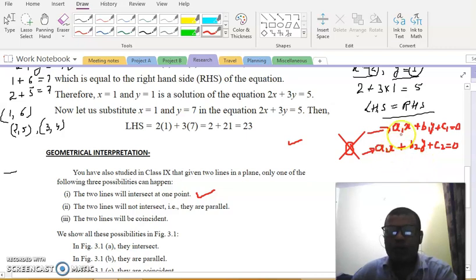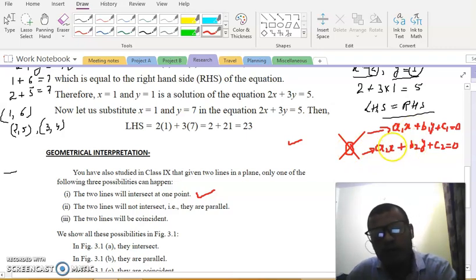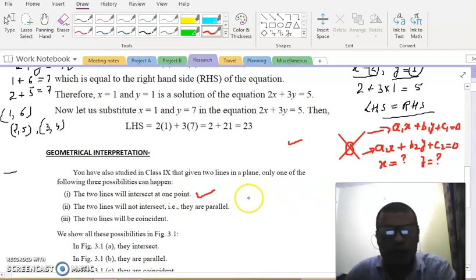These lines are intersecting at one point. So when you simplify both equations, you will get only one value of x and only one value of y. This is also called the unique solution. Unique means no other value you will get for x and y, only a single value, like x equal to 1 and y equal to 2.